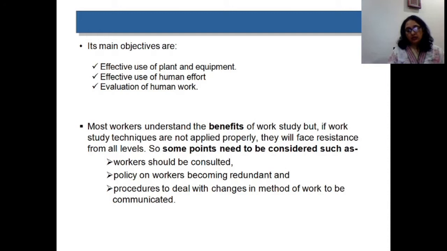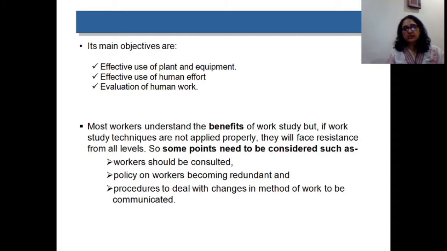Work study helps to see how the plants and equipment can be used more effectively so that efficiency and productivity can be achieved and at the same time the humans working on these plants and equipment can derive satisfaction.